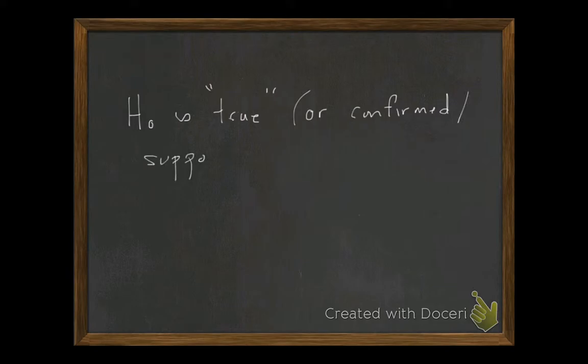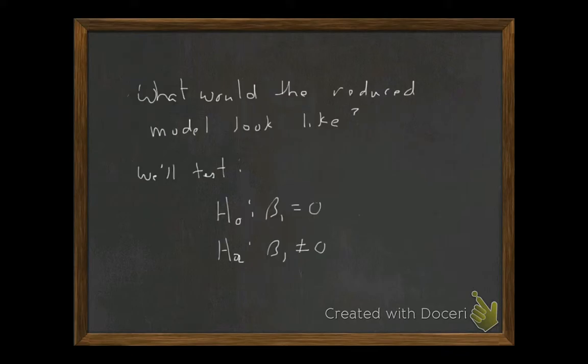So if H sub 0 is true, and I have to put that in parentheses because that's not the purpose of a test of hypothesis, so we might say confirmed, supported. Then what happens?